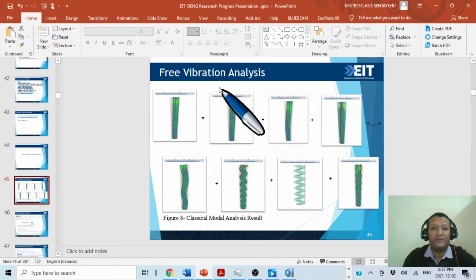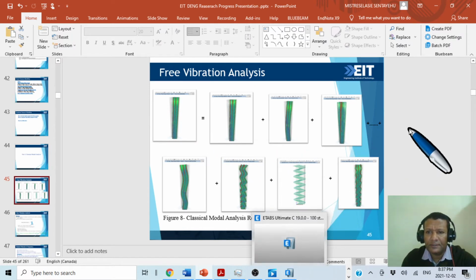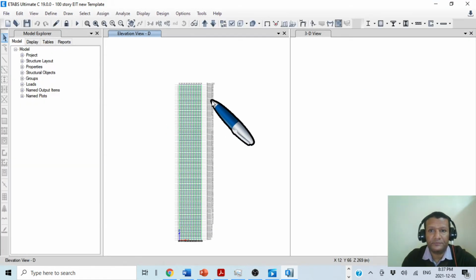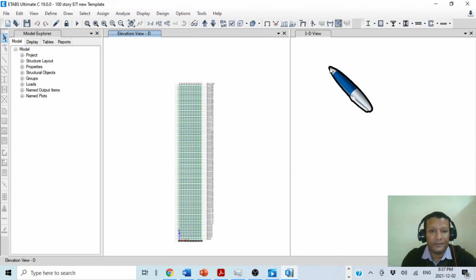This is the free vibration analysis. This is the result. I will show you, because we have the file also. This is the 100 story. Let's open the 44.